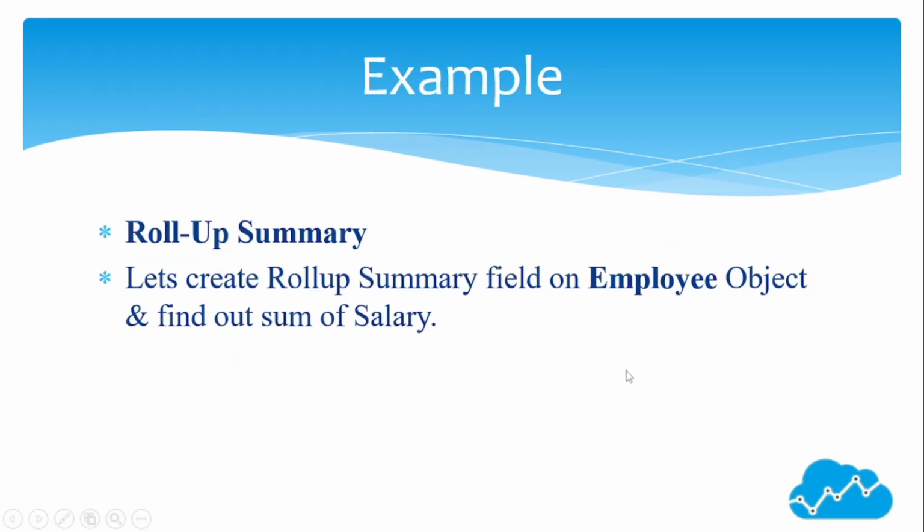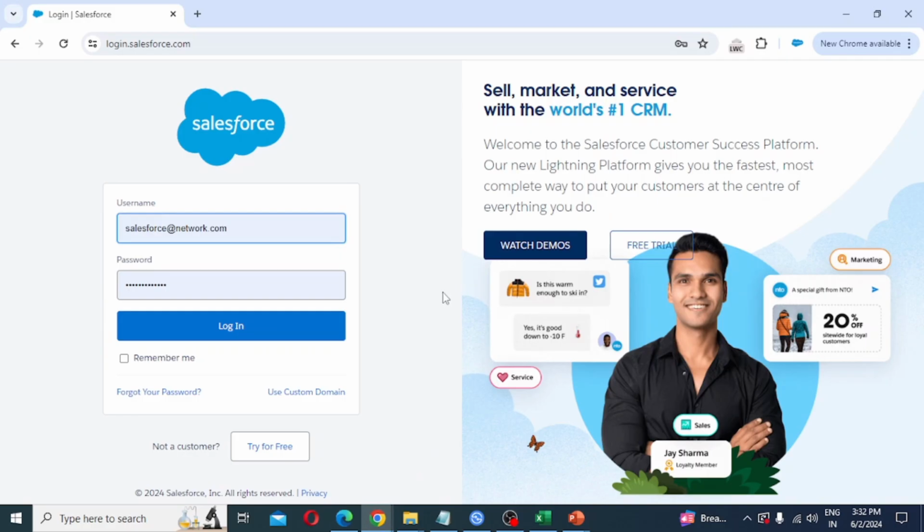Let's see an example for roll-up summary. Let's create a roll-up summary field on the employee object and find out the sum of salary. To do the practical, let's log into our Salesforce account by providing the username and password. Hit the login button.